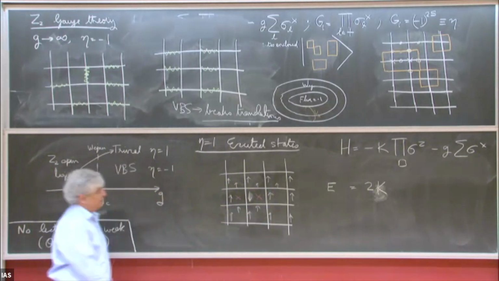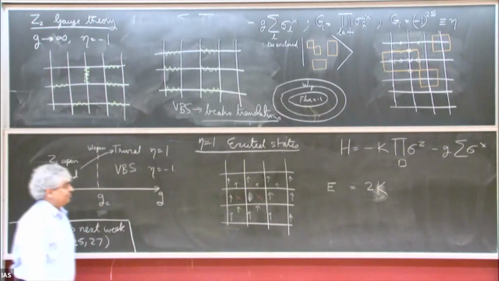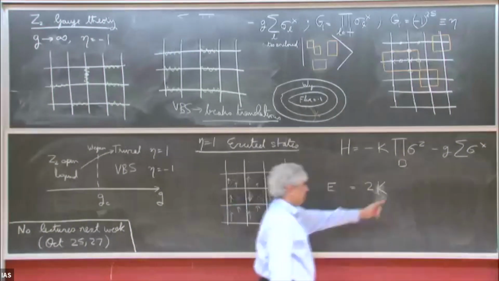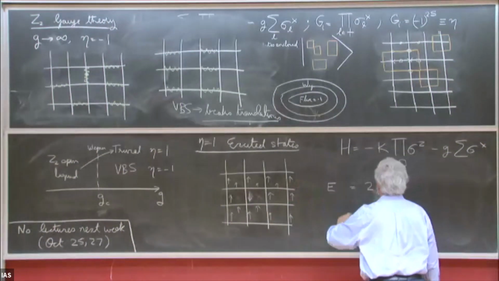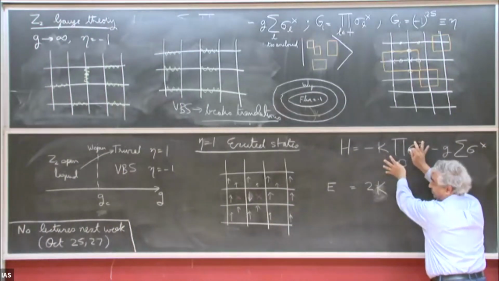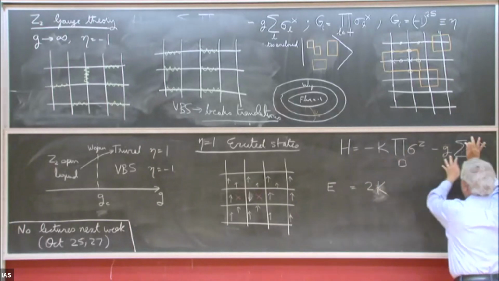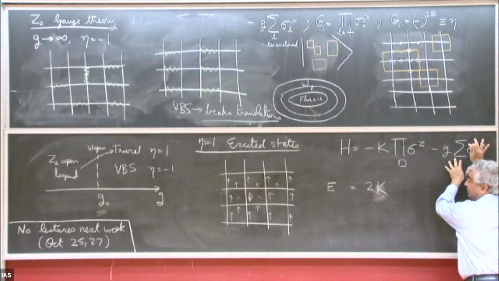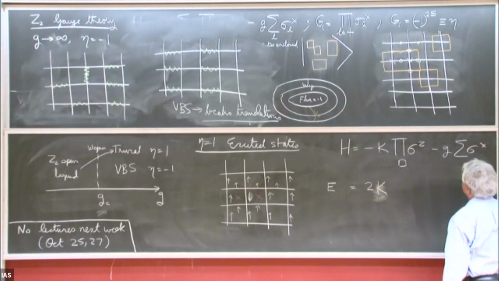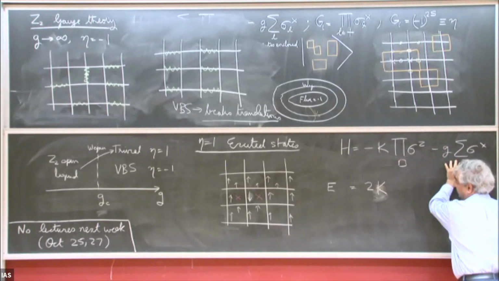All right, so that's what one action of g gives me. It gives me this state. In fact, this is an eigenstate of this part of the Hamiltonian. So now I will do perturbation theory on this state due to the effect of this.